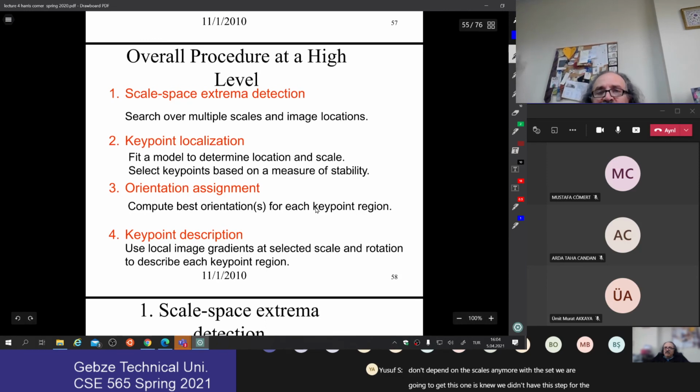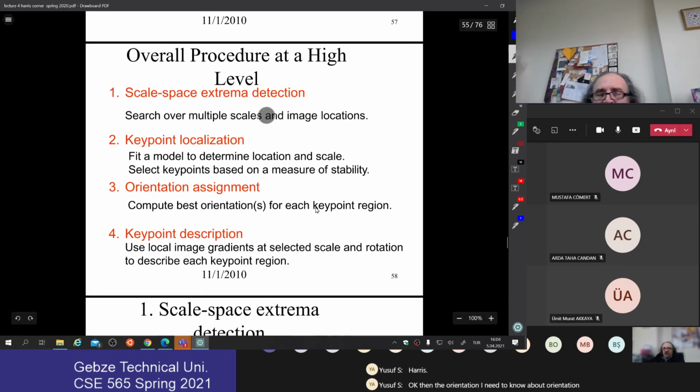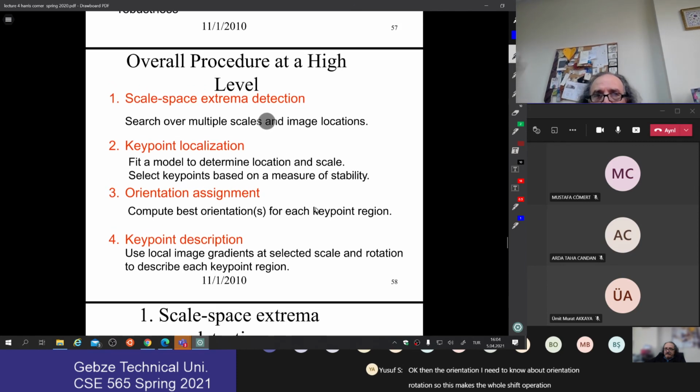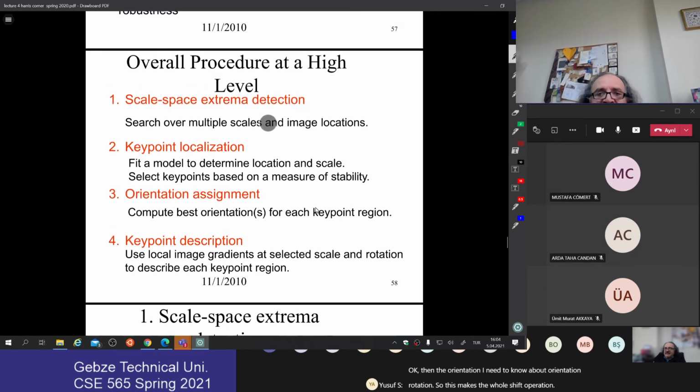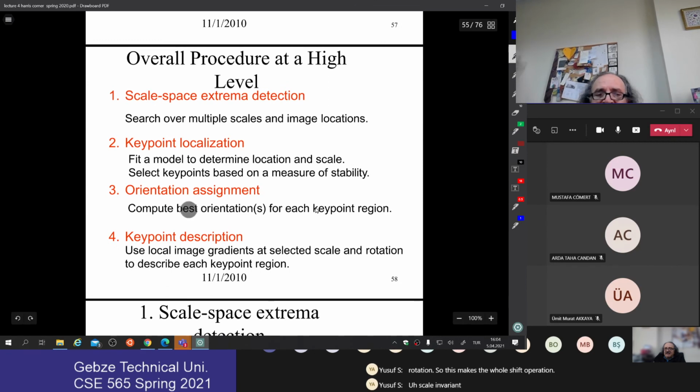Then key point localization. This is similar to Harris. Then the orientation. I need to know about the orientation, rotation. So this makes the whole SIFT operation scale invariant. This makes the SIFT operation orientation invariant. This is similar to Harris corner detection. Then after that, I come up with more than 100 element vectors for each point. That will be the descriptor.